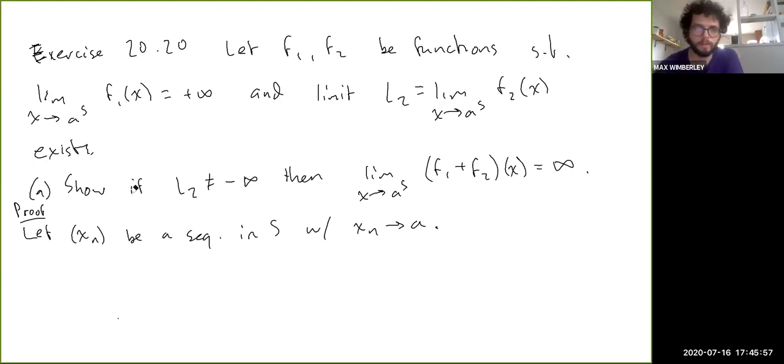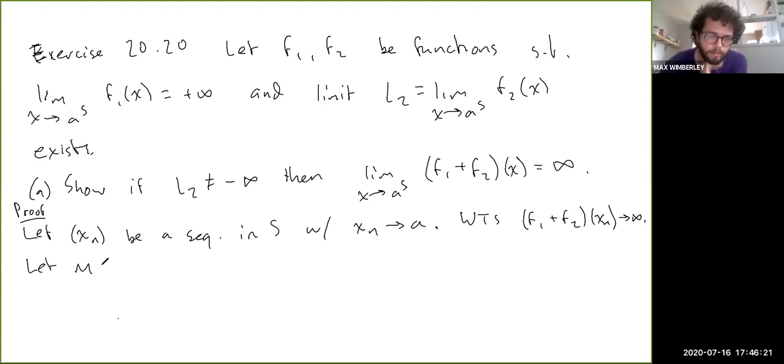Okay, so anyway, the limit of xn is a, and we want to show that f1 plus f2 of xn goes to infinity, right? So let's let m be a real number, and we want to find capital N, right?